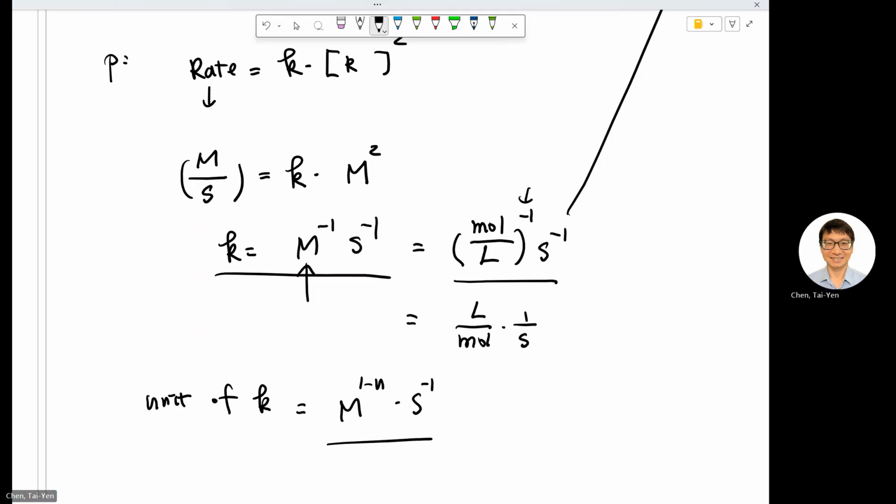Because it's second order, n equals 2. Therefore, the unit of k will be concentration to the power 1 minus 2, making negative 1, per second. You can also remember, if you don't care about the derivation, memorize the equations that are helpful. Again, the equation was provided in the hangout.